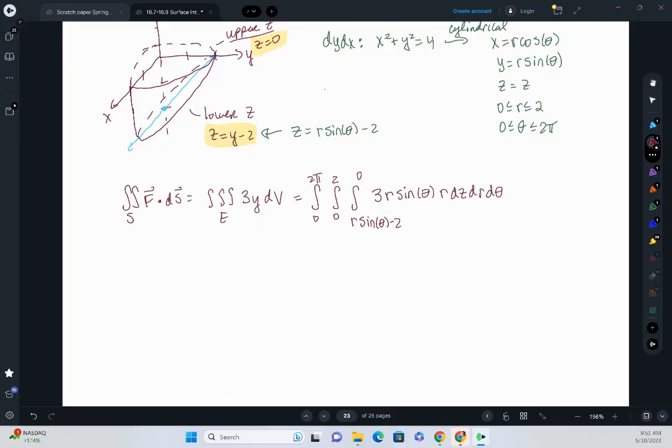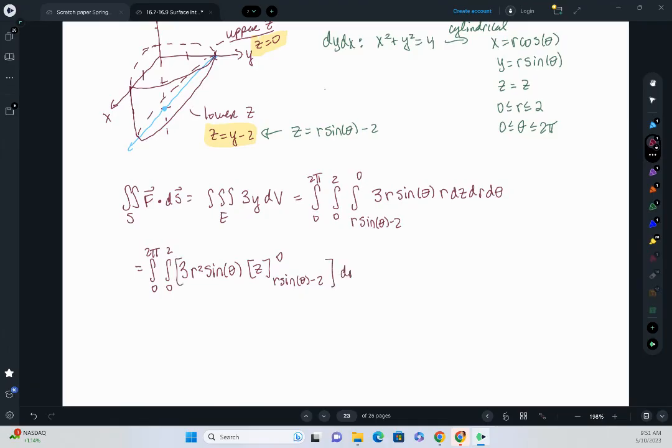All right. So let's see what we can do here. Let's go ahead and integrate with respect to z. This is still going to be 0 to 2 pi, 0 to 2, and then I have 3r squared sine of theta, and then my antiderivative of that with respect to z is just z, and z is going to go from r sine of theta minus 2 up to 0.